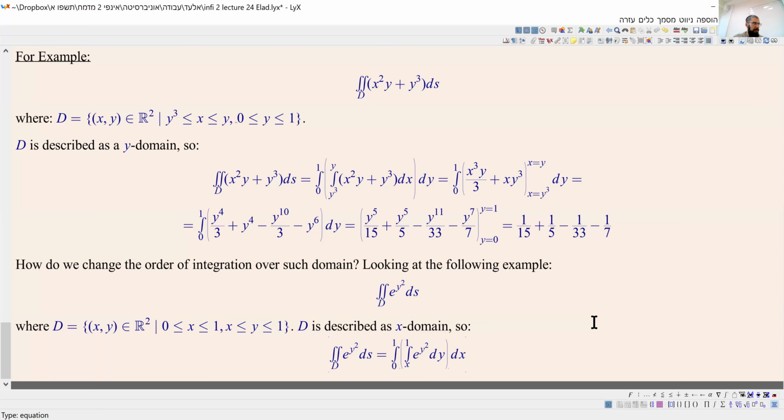E to the power of y squared: in the very first lecture, lecture number 1, three months ago, we said that we do not know how to calculate its integral, meaning that we are not familiar with an elementary antiderivative of this function. So we're stuck here.